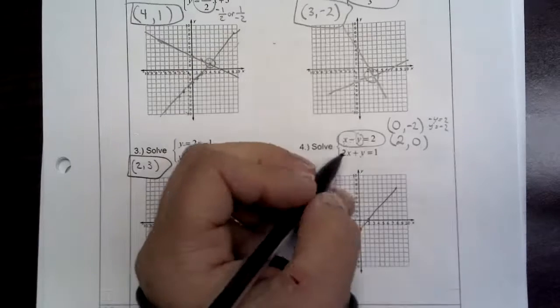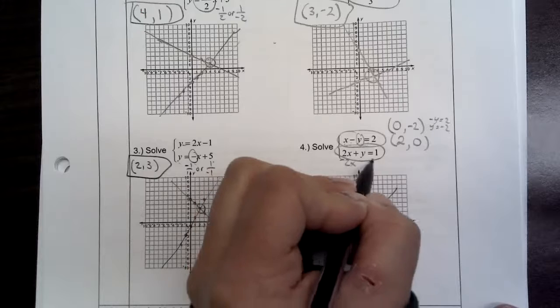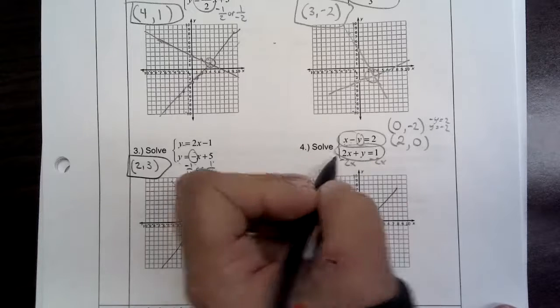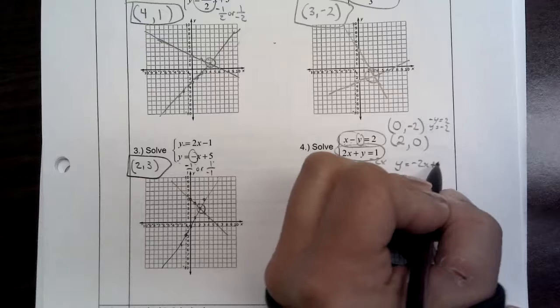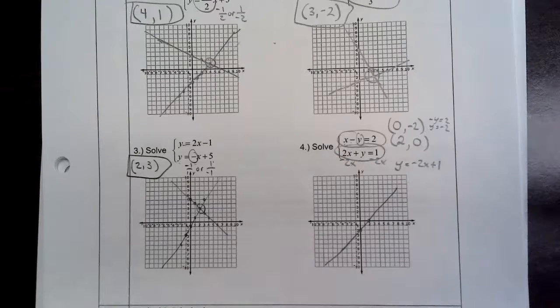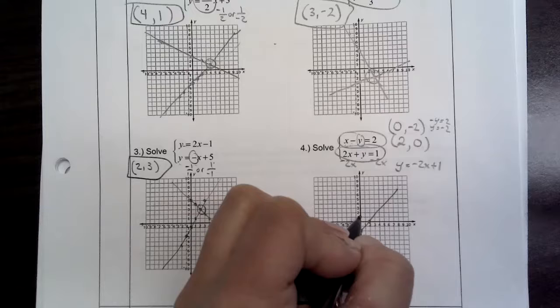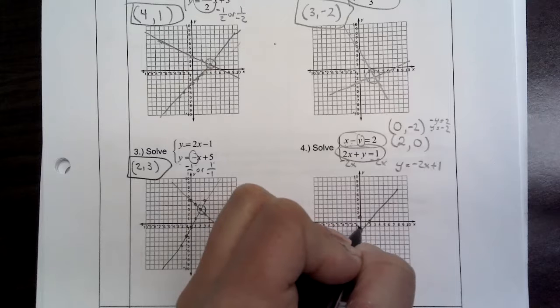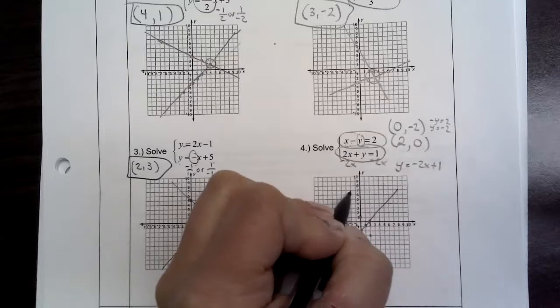Now this one right here, I'm going to just solve for y because it looks like the easiest way. I get y equals -2x plus 1, because that was really easy to solve for y. So I can just graph this one normally, going down 2 over 1, down 2 over 1.